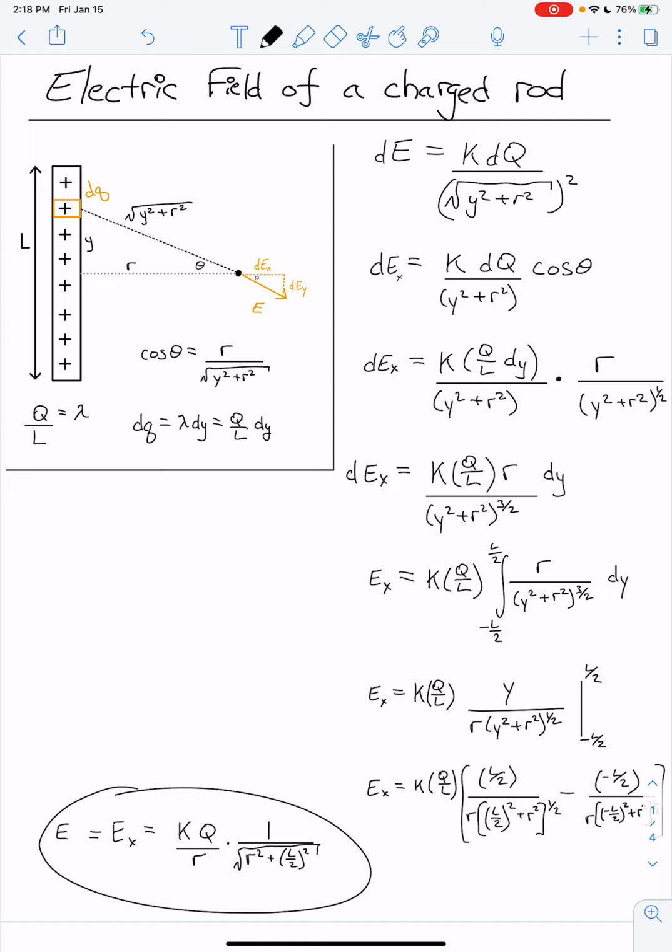And really you do that by thinking about the little dq and its contribution to the electric field, or dE, and then integrating across the entire object. This is a very useful and powerful approach, really demonstrating why calculus makes problems solvable.